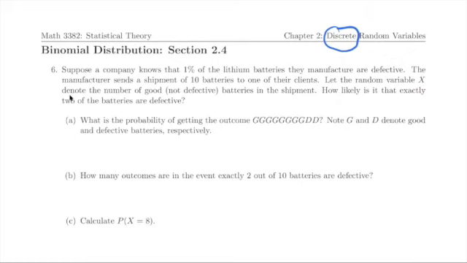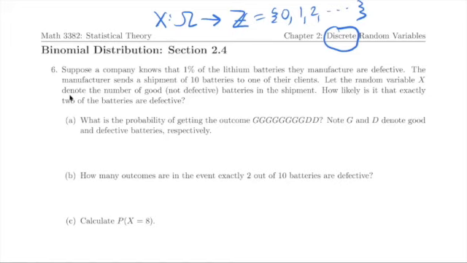These are going to be a map from the sample space, usually we would say into the real numbers, but when we're dealing with discrete random variables, the outputs here are going to be things like 0, 1, 2, or some subset of that, since we're counting things. So for example, the lithium batteries example that was in the video that we've been talking about is an example of a binomial distribution.